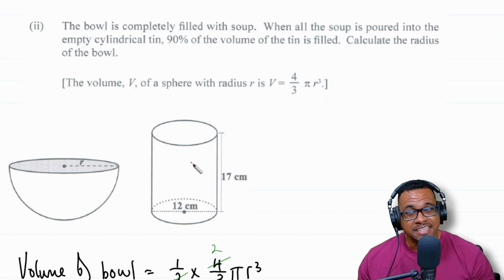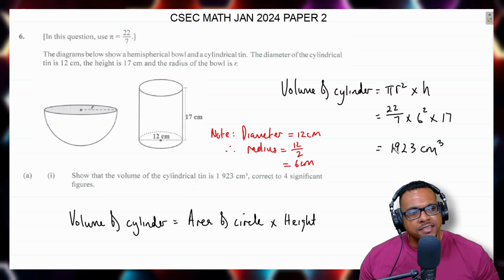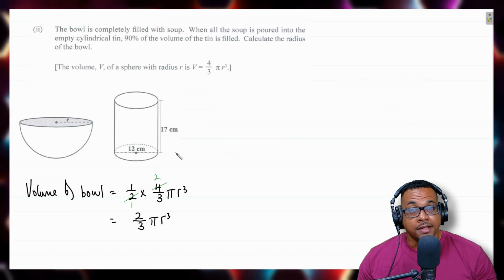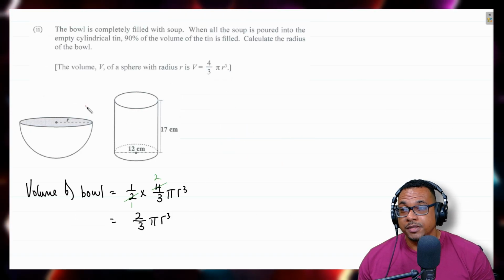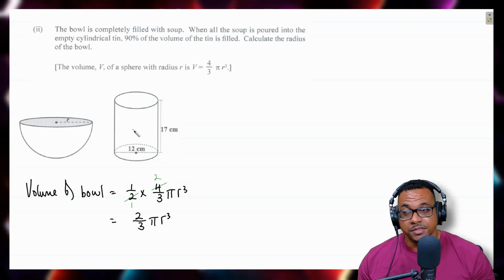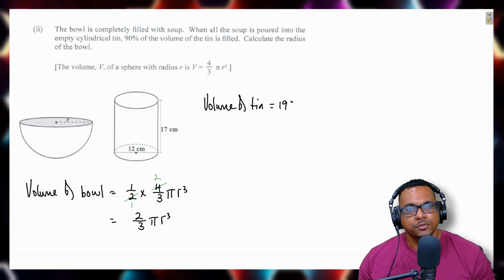So we just have to find 90% of that volume and put it equal to the volume of the bowl. So remember, the volume of the cylinder is 1,923 centimeters cubed. And of course, the cylinder is the tin that we are talking about. So the volume of the tin will be the 1,923 centimeters cubed. So volume of tin is equal to the 1,923 cm cubed.